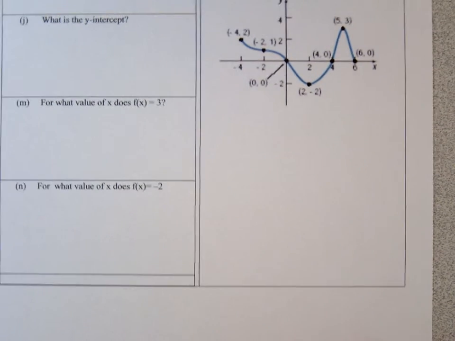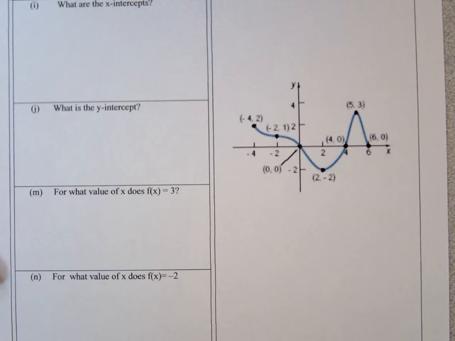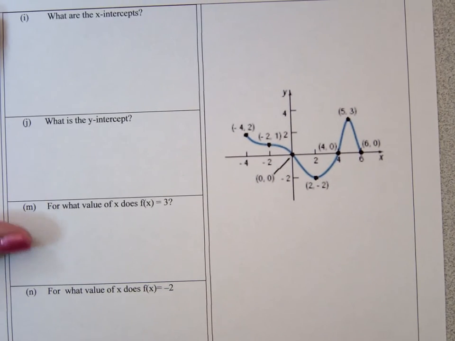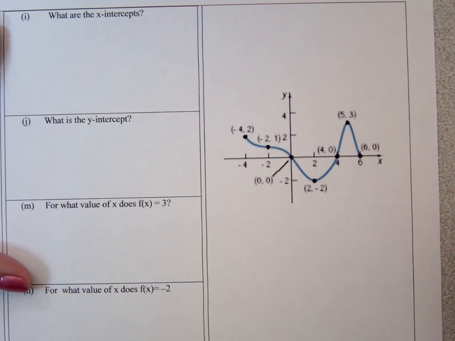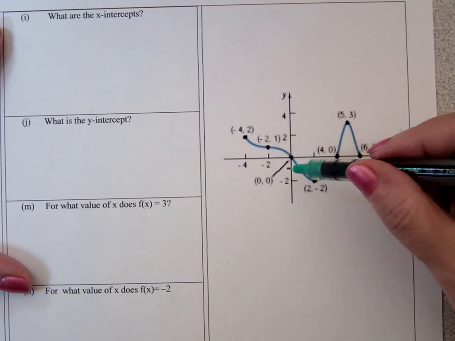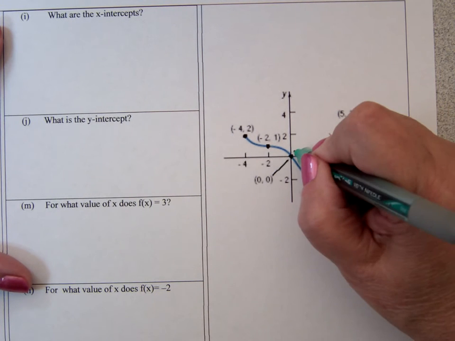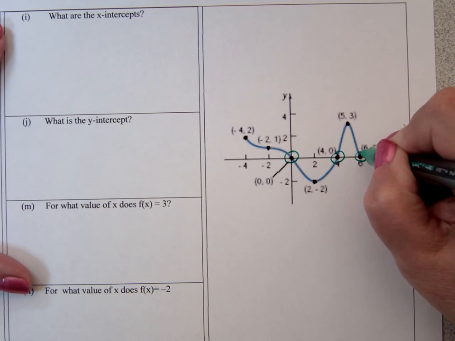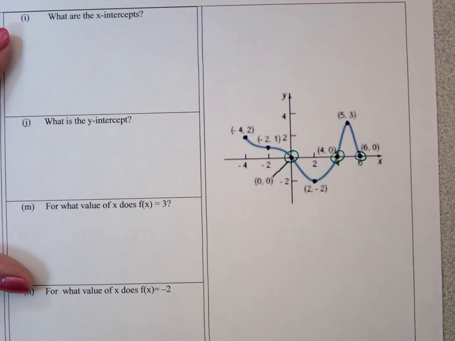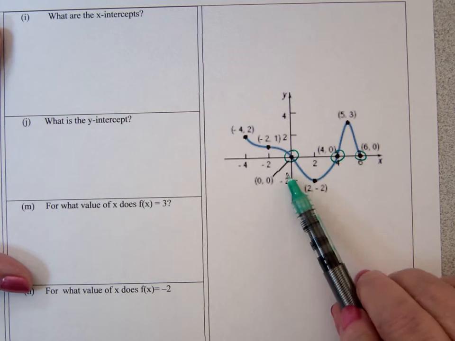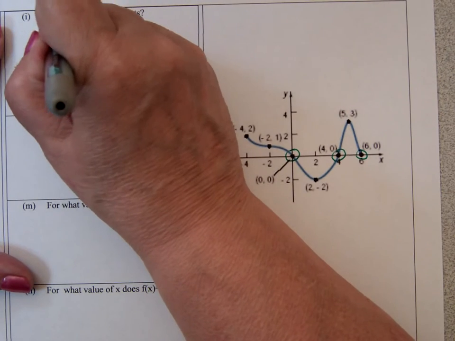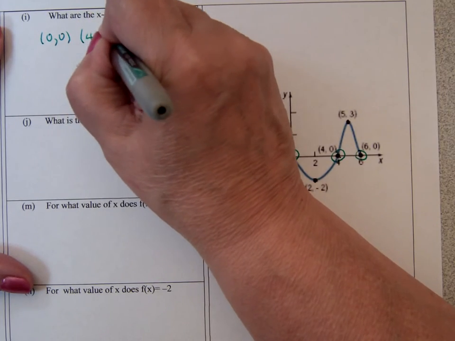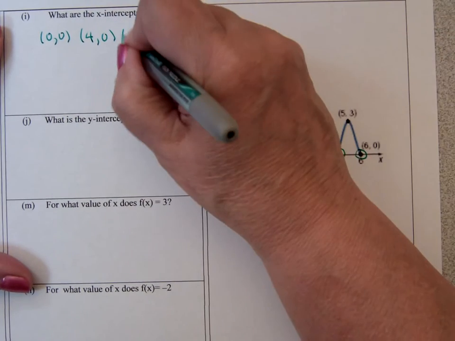The problem goes on with what are the x-intercepts. I usually ask you to write the x and y-intercepts as coordinate points, but we know that the x-intercepts are where the graph intersects or crosses or touches the x-axis. 3 places: at 0, 0, at 4, 0, at 6, 0.